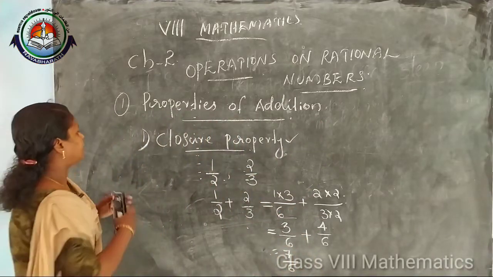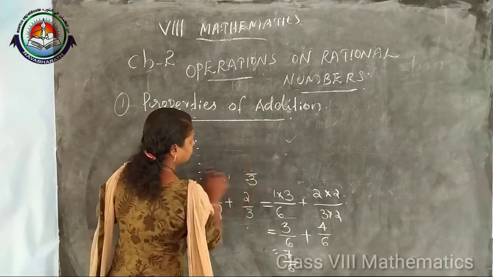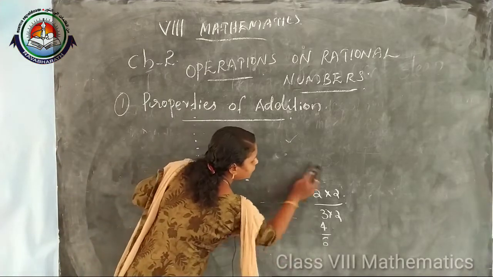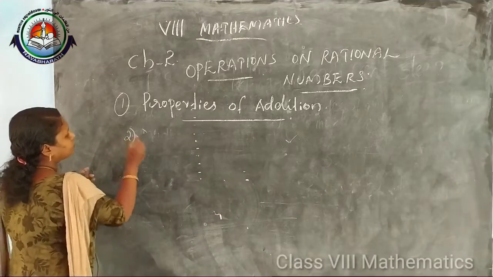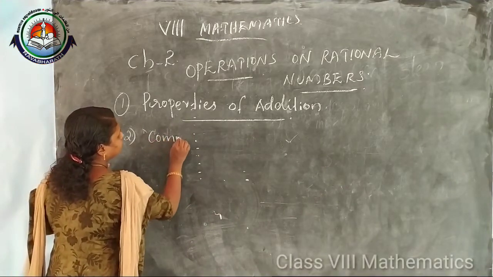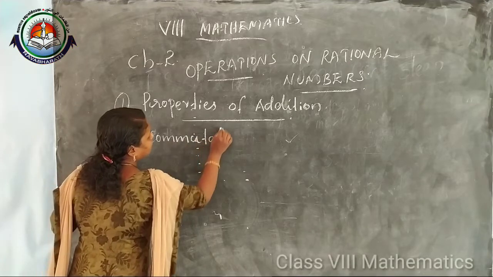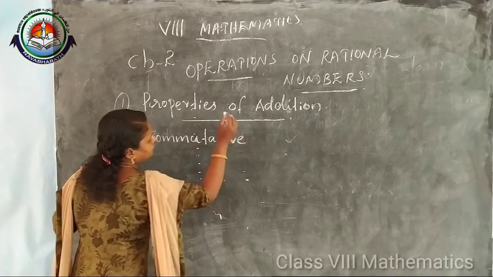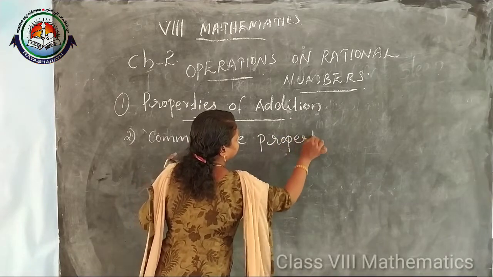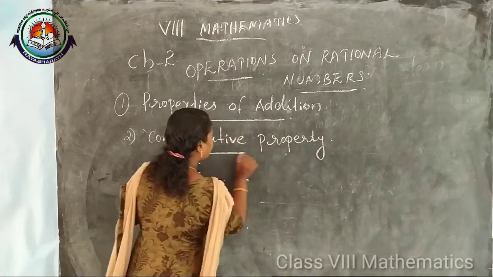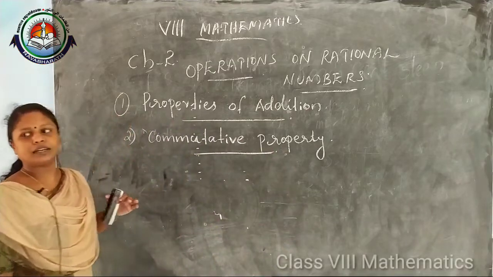And the second property is the commutative property. What is the commutative property of natural numbers?